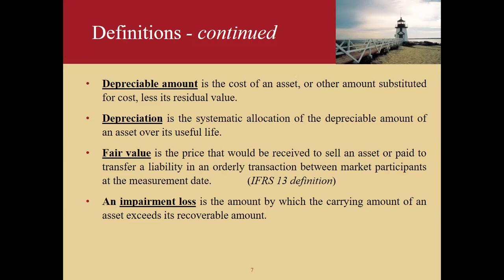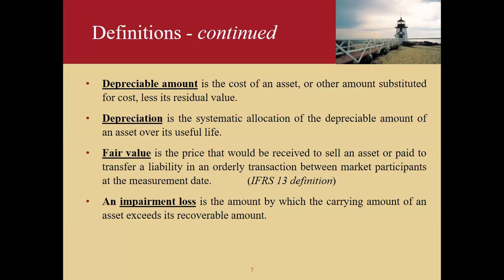But the definition according to financial reporting, which you need to note, is the price that would be received to sell an asset or paid to transfer a liability in an orderly transaction between market participants at the measurement date.